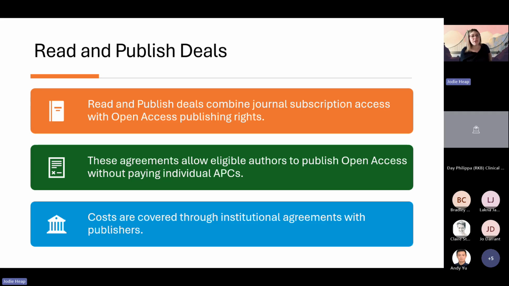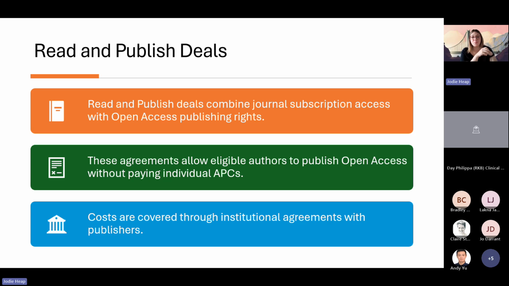Okay, I've mentioned briefly throughout read and publish deals. These are agreements that libraries, HE institutions have as part of a sort of consortia where we all get together and negotiate with the big suppliers of journals, where we ask for a bundle deal to read and publish in specific journals.